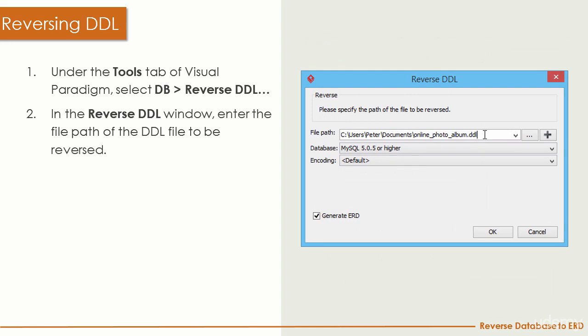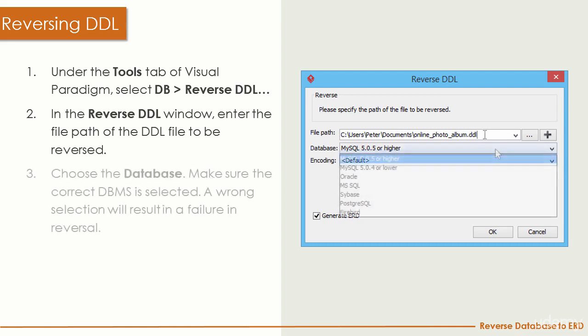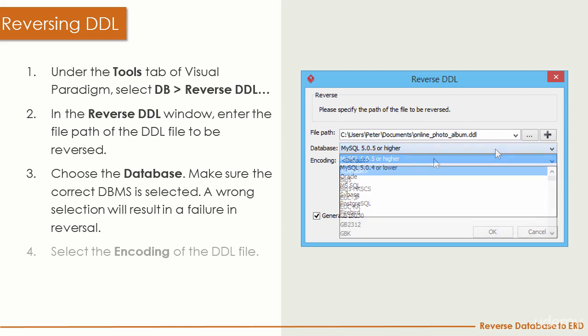In the Reverse DDL dialog box, you select the DDL file and tell us what kind of database you are reversing. It is important, even though we don't connect to your database, because we need to know the data type you're referring to. So you need to specify the database and then select the encoding.